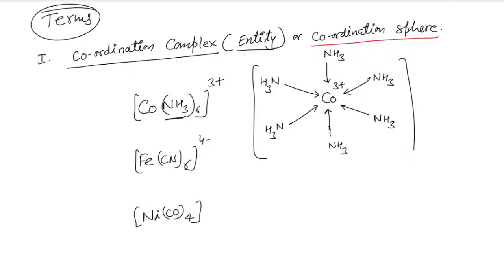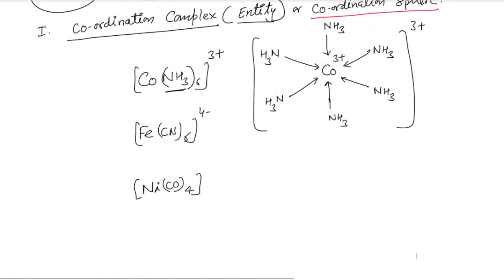Okay, so this is the coordination complex or coordination sphere. Yes, the cobalt ion is surrounded by 6 ammonia molecules, because the molecules or ions attached to the metal ion should have at least one lone pair, so that they can form a coordinate bond. Like Ni(CO)4.